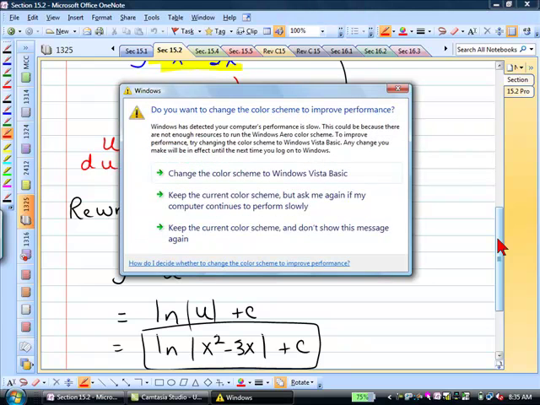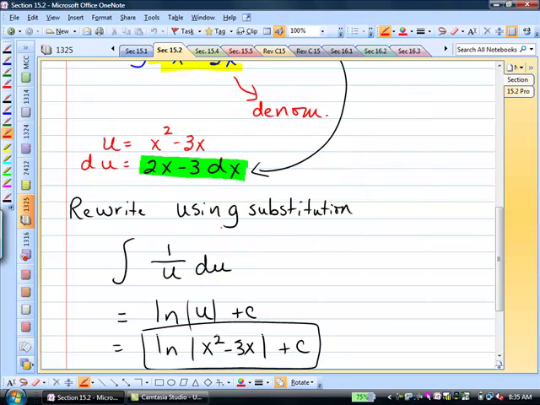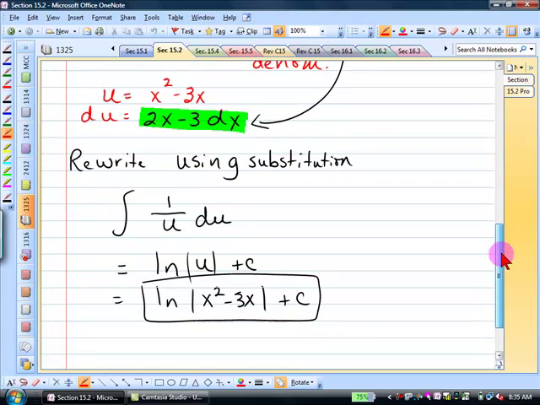And you have to be sure that you add in the plus c. So you want to rewrite it so that it's easier to look at, easier to solve. 1 over u, we know how to do that, or in theory we do. All right, questions over that so far? It'll make a little bit more sense once we get going on the problems.